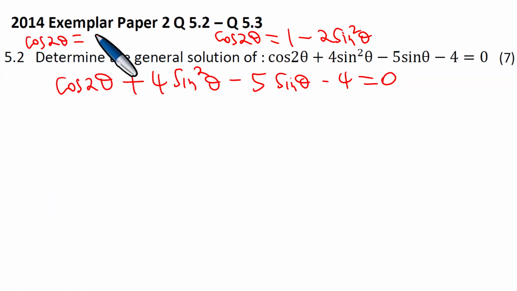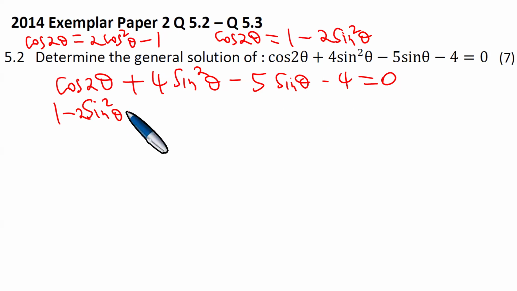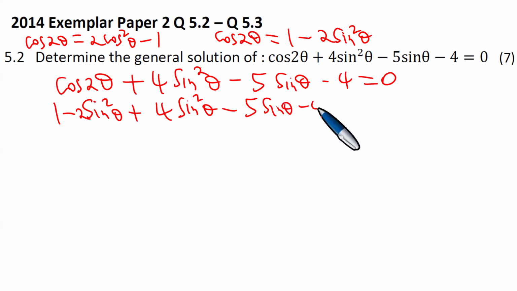Cosine 2 theta can also be 2 cosine squared theta minus 1, but we're going to use the one with sine, so that everything is in terms of the sine function, so that we have 1 minus 2 sine squared theta plus 4 sine squared theta minus 5 sine theta minus 4 equals 0.